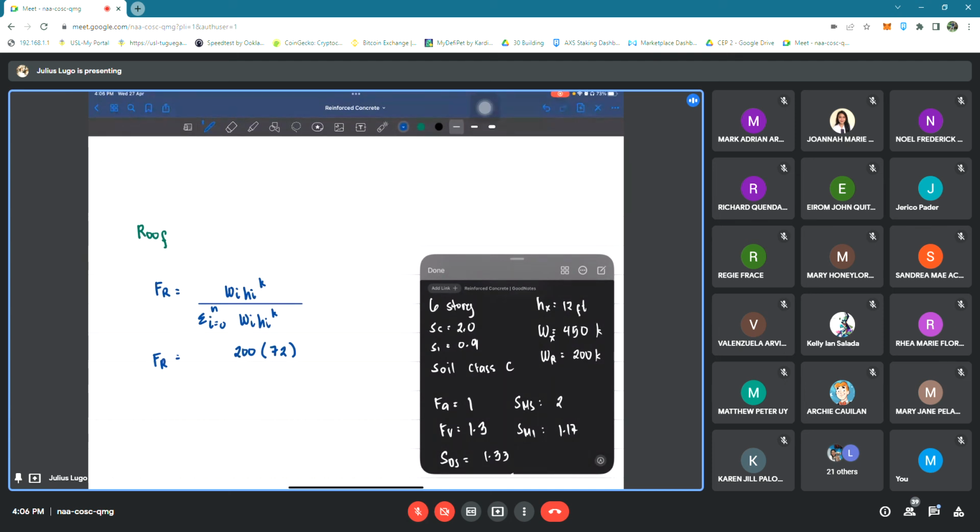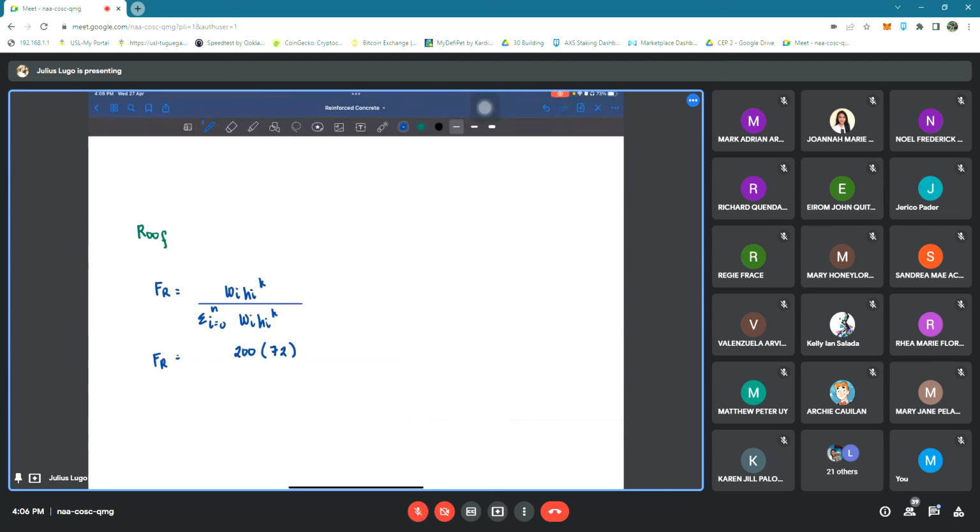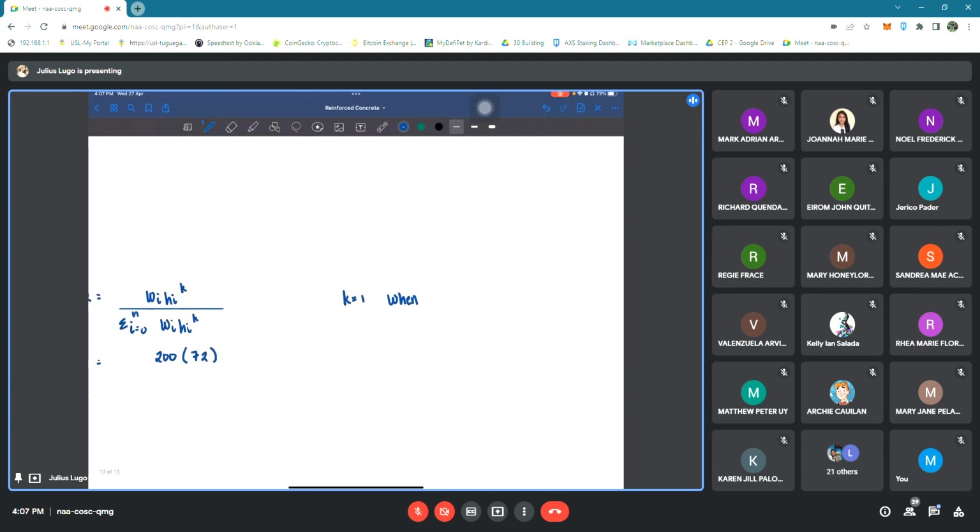I haven't included this one in the copy that you have, but I will modify it later. So your K value there is equal to 1 when the fundamental period T is less than or equal to 0.5.